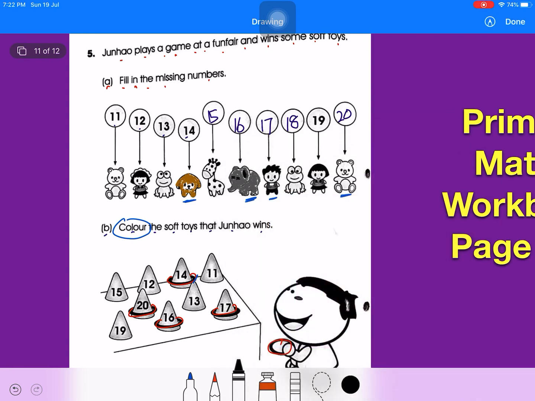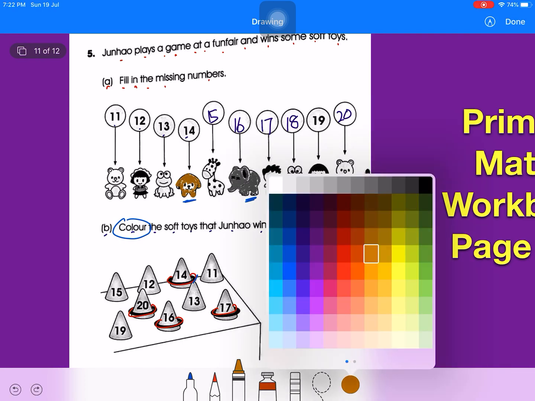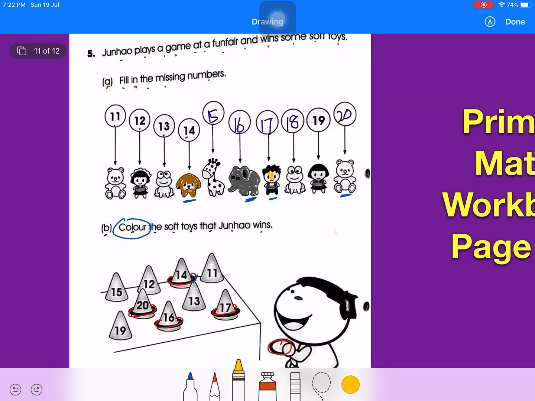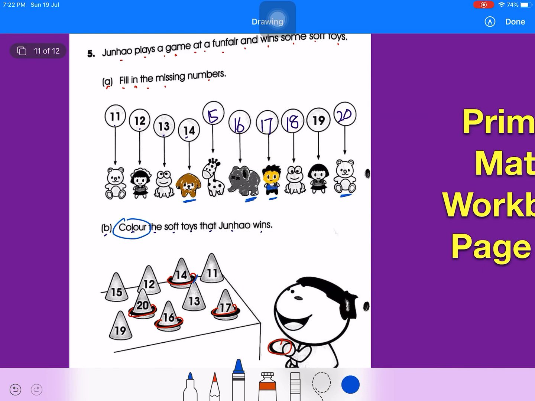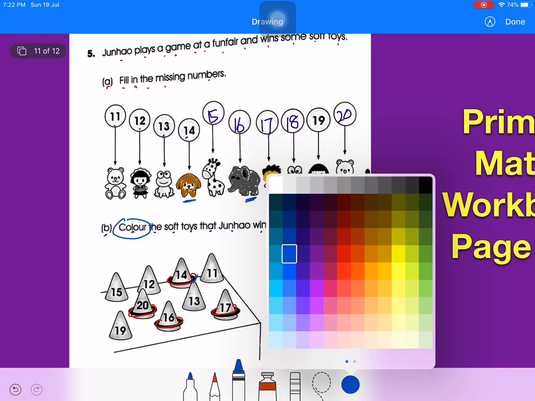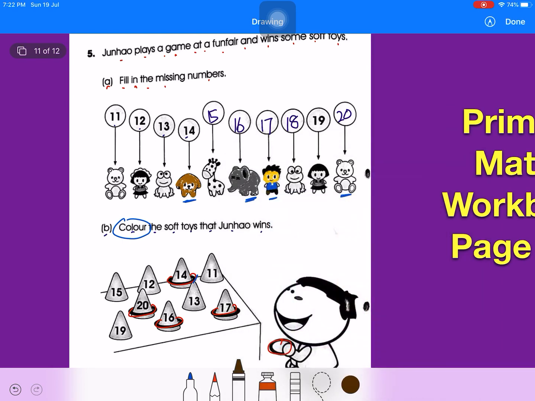And then he wins the boy as well, the toy boy. Let me color the toy boy. And then the last one is the teddy bear.